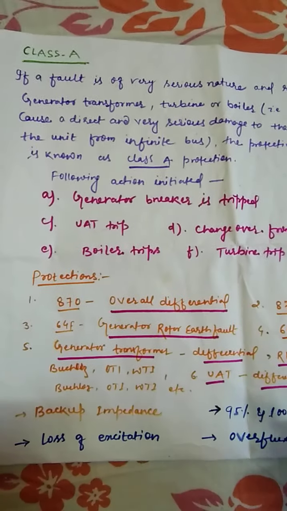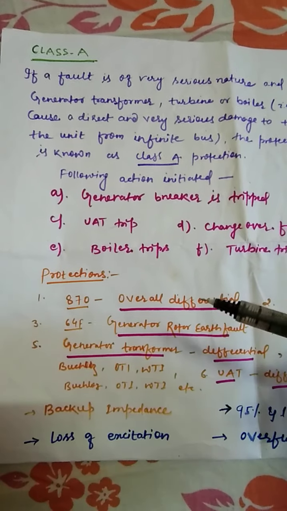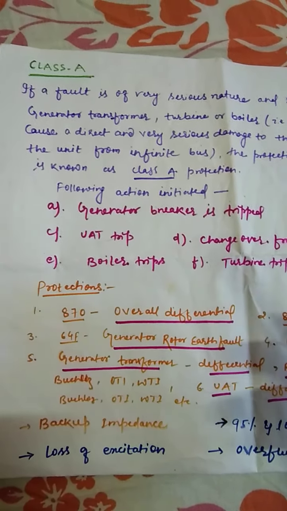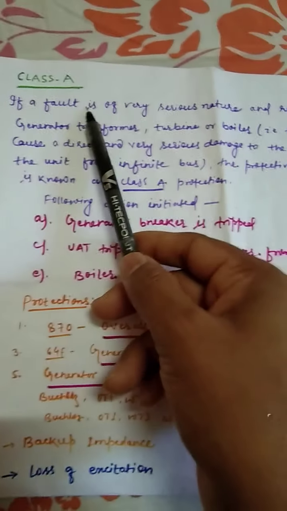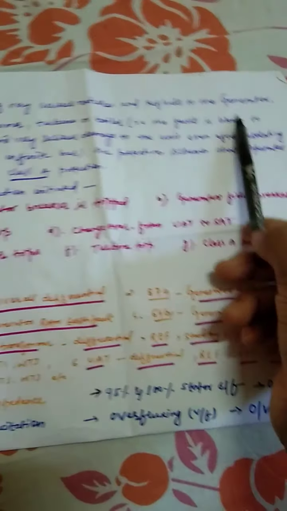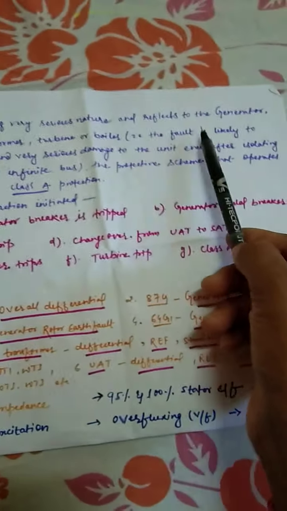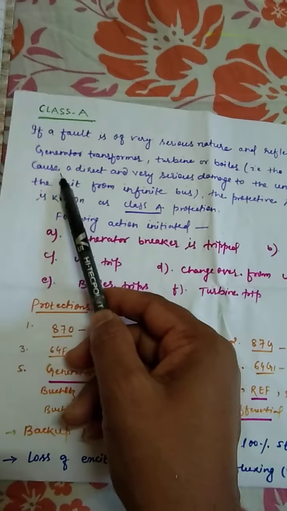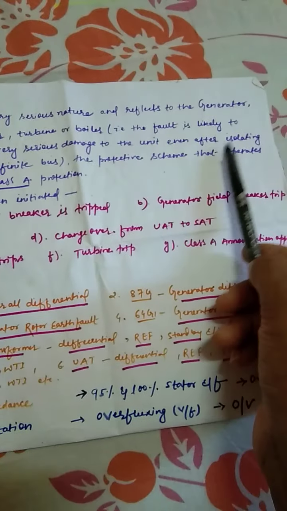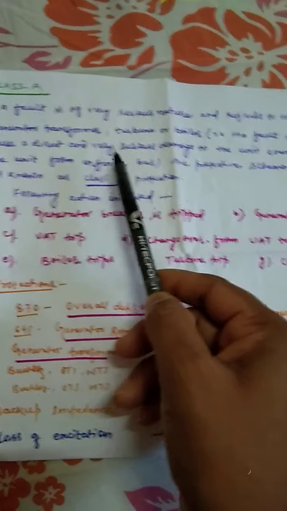So we have categorized our generator protection system in three parts: Class A, Class B and Class C fault. So let's see first what is Class A. If a fault is of very serious nature and reflects to the generator transformer, turbine or boiler, that is, the fault is likely to cause a direct and very serious damage to the unit even after isolating the unit from infinite bus.